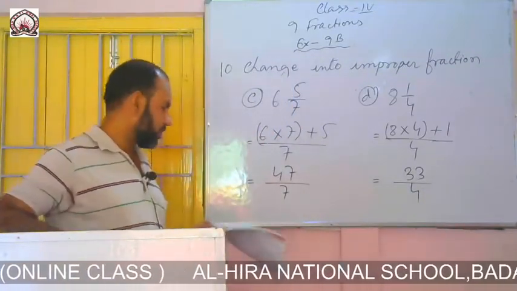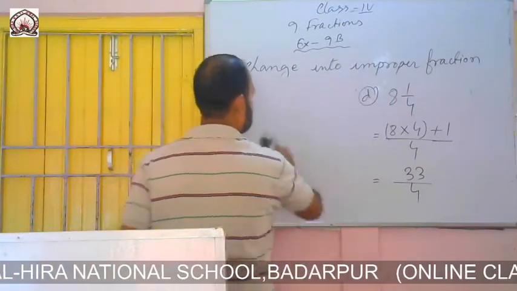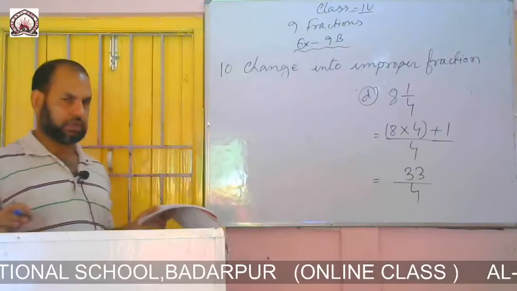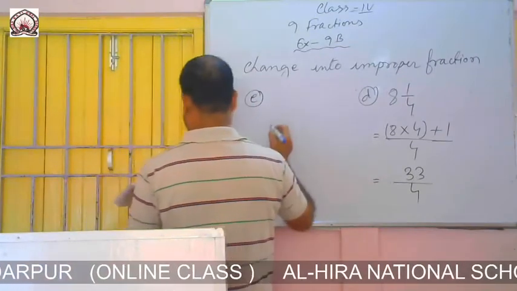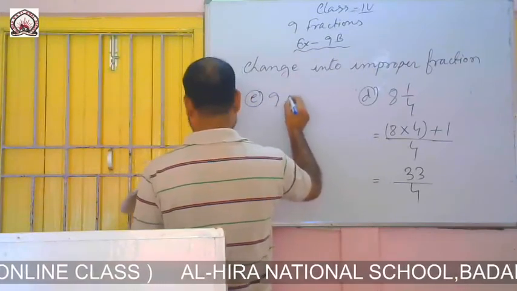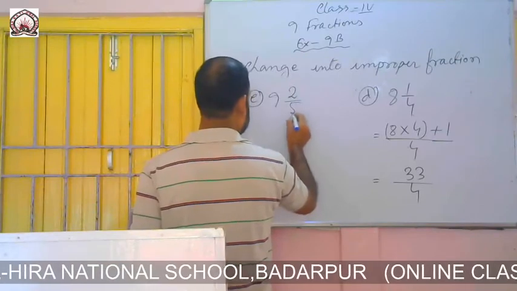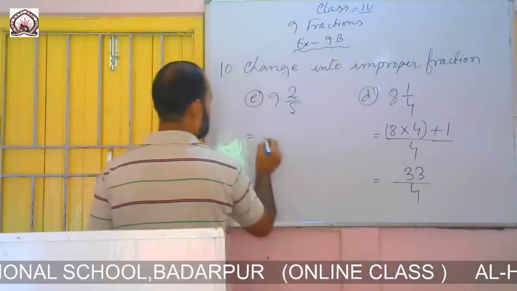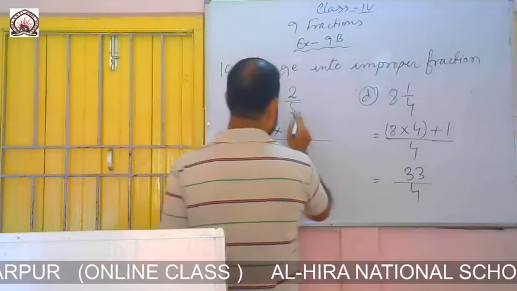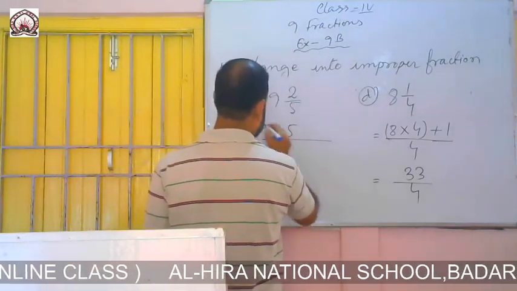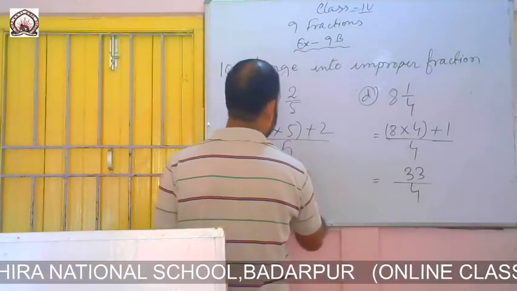Next, question number E. Question 10E. 9 2/5. 9 into 5 plus 2, over 5.